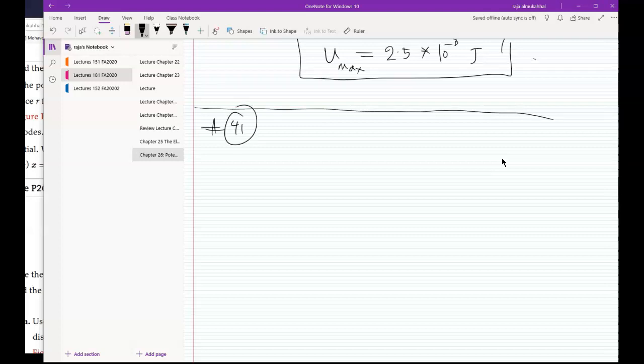Let me draw, just give me a second. What we have in here is the first plate, or electrode, as he calls it. Here's the other one, and here's another one. I'm trying to make it as pretty as possible.